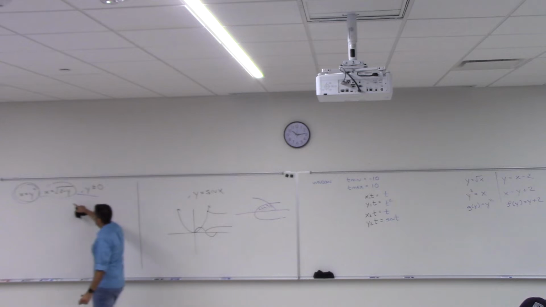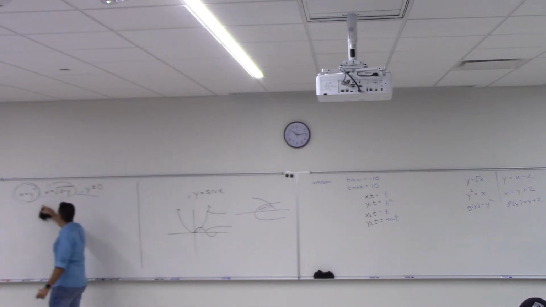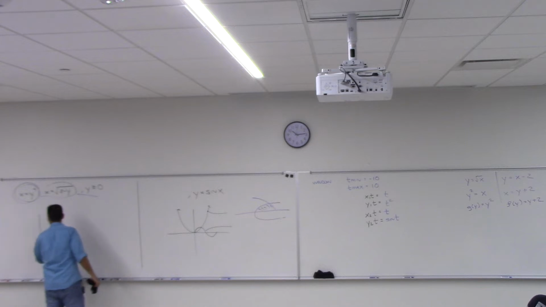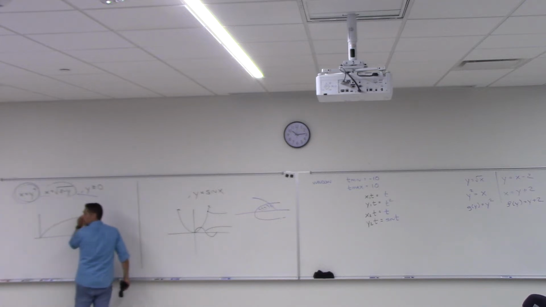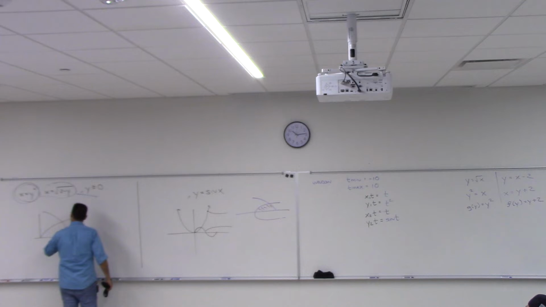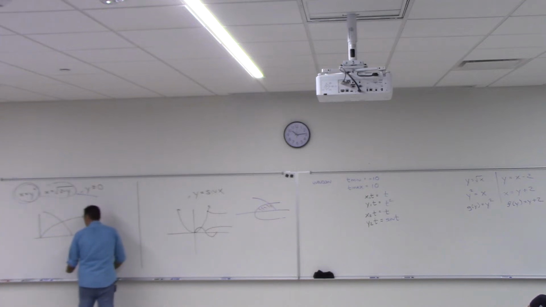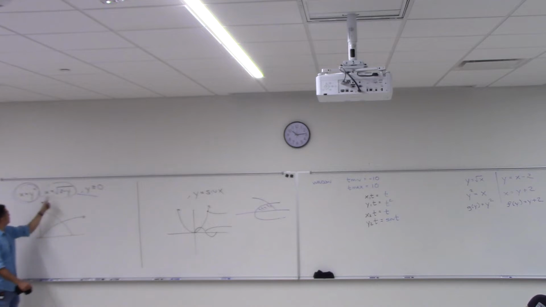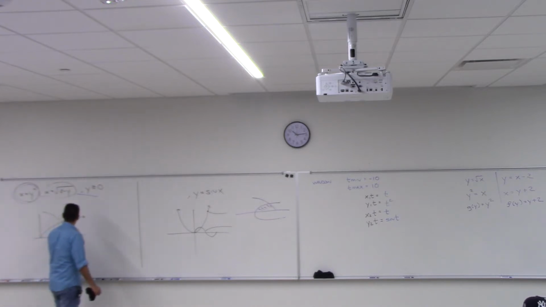Are these both solved for x? They are, right? So do you know which one's which? I'm going to draw this picture. We have this, and we have this. So the one on the right, which one is it? This one right here, right? So this is x equals square root of 2 minus y.